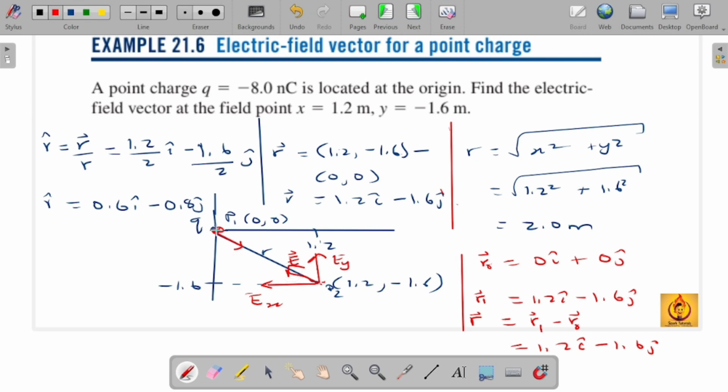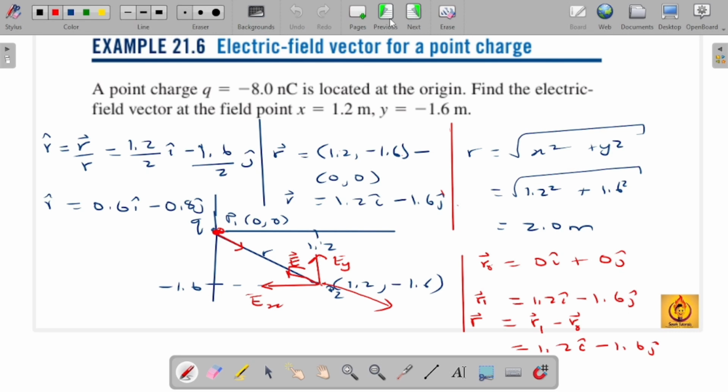The position vector is from the source to where you test the electric field. The electric field vector depends on whether your charge is positive or negative. If it is negative, it will move from where you test to the charge. If it is positive, it will move from the charge away from it. Do you see that? Yes. All right. Sorry, I meant to cancel this other arrow here.